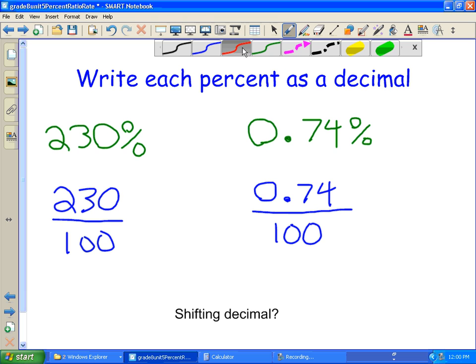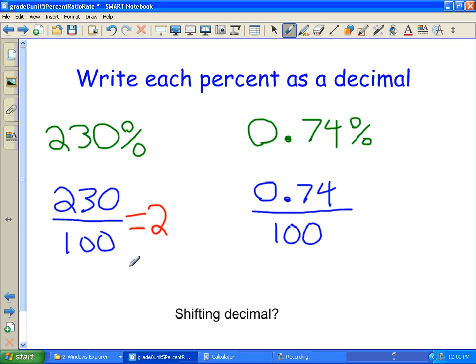All right, so now, all we have to do now is see how many times will 100 go into 230. And the answer is twice, because 100 and 100 is 200. And then I've got 30 over 100 left. And that's really easy to write as a decimal, because you need 2 places after the decimal for hundredths. And we've got 30 in there.